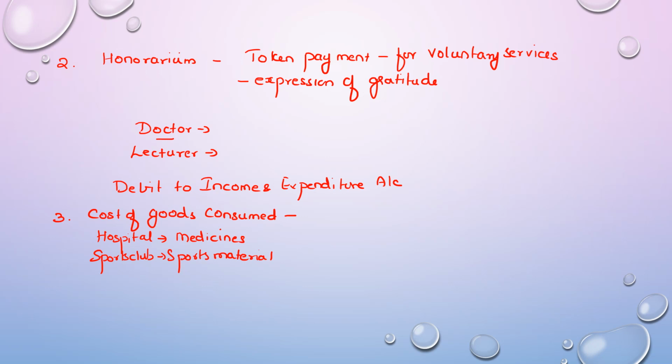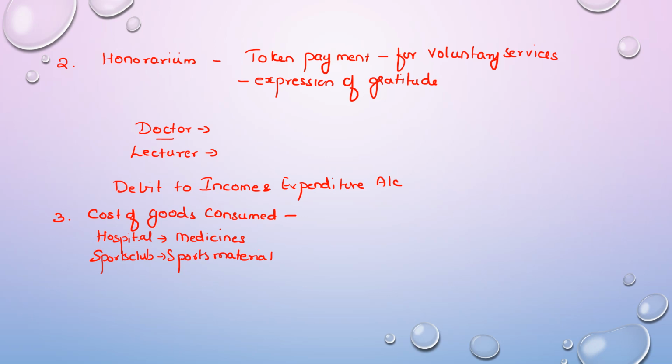So we have to find out how much portion of it is used, as it will be getting exhausted, and revenue is being generated by use of those sports materials. Against that revenue we will have to charge the cost, and therefore we will be ascertaining the cost of the sports material consumed, which we would debit to the income and expenditure account.